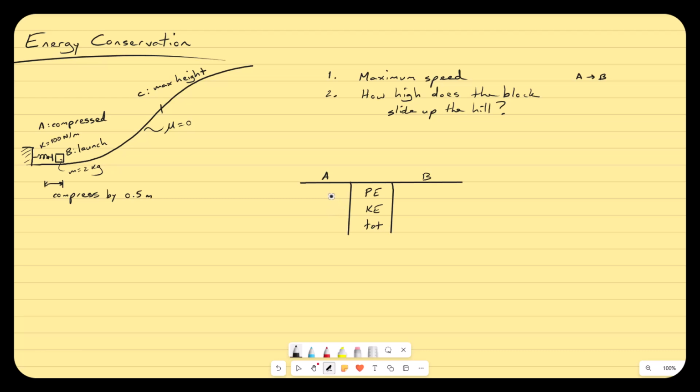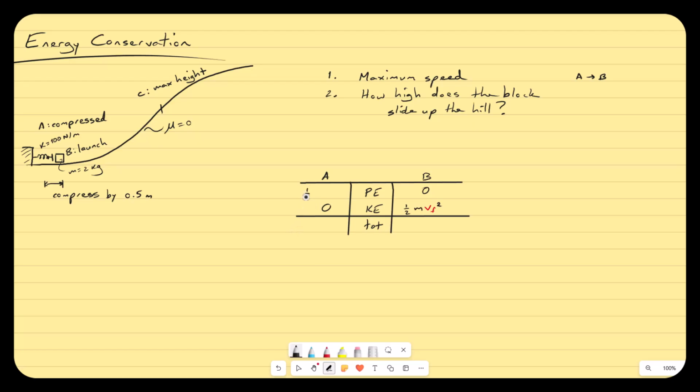Alright, potential energy. I'm starting compressed, so I'm going to have 0 kinetic energy to start. In the end, I'm launching, so I'm going to have 0 potential energy. My final kinetic energy is 1/2 m v final squared. My initial potential energy, this time I don't have the mgh type of energy. What I have is spring energy.